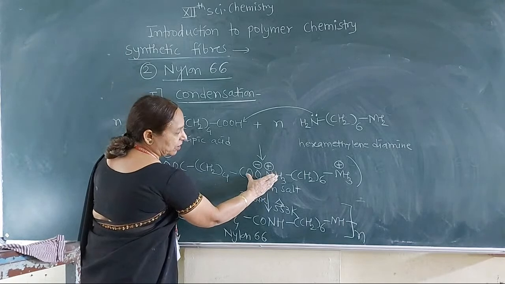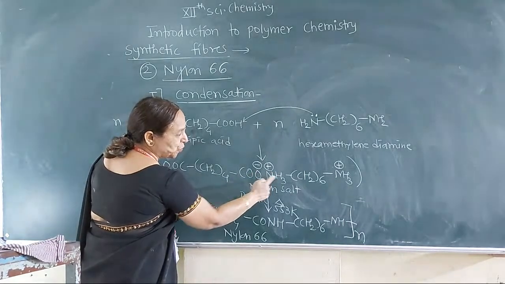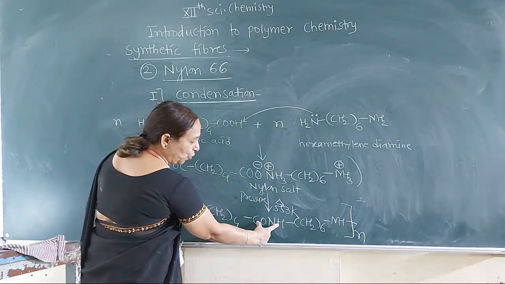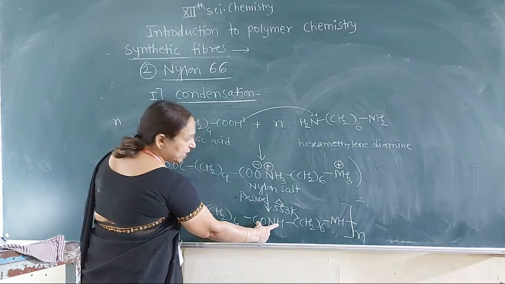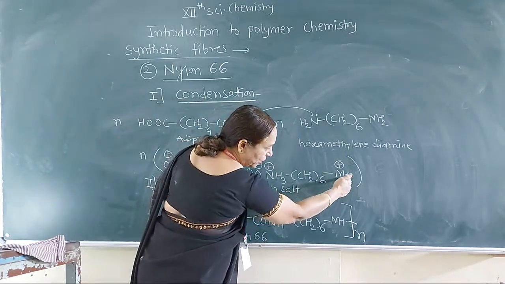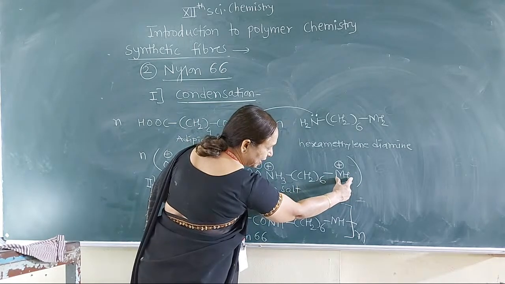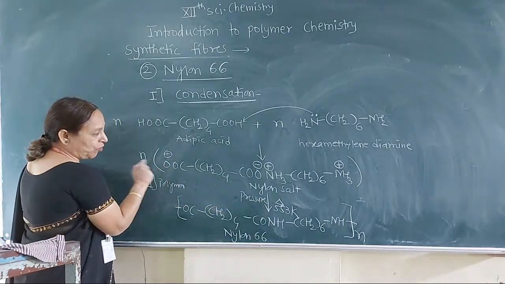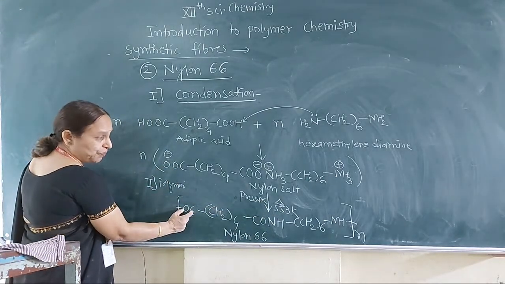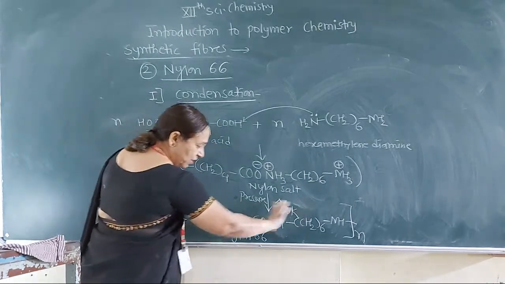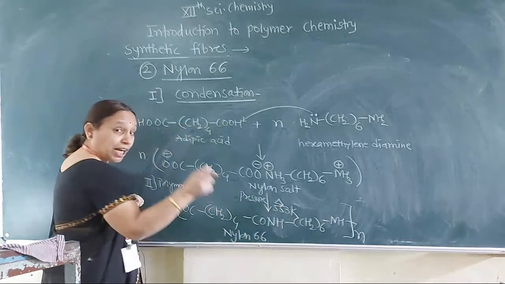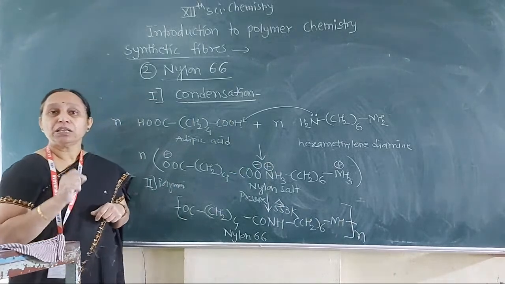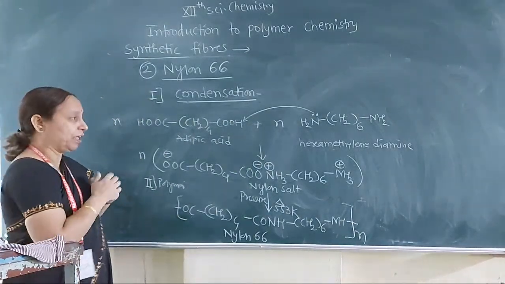Water elimination from this middle part, H2O, and thus the group is CONH, newly formed in between these two molecules. Similarly, at this end, removal of hydrogen atoms takes place, and thus NH. On this side, removal of oxygen takes place and thus the CO group, and this unit is repeated n times, and thus we say polymer nylon 66 is obtained.